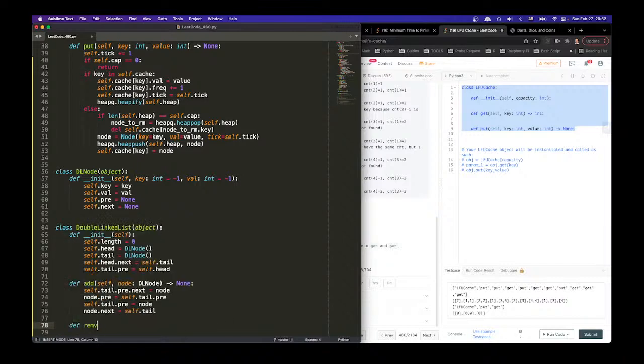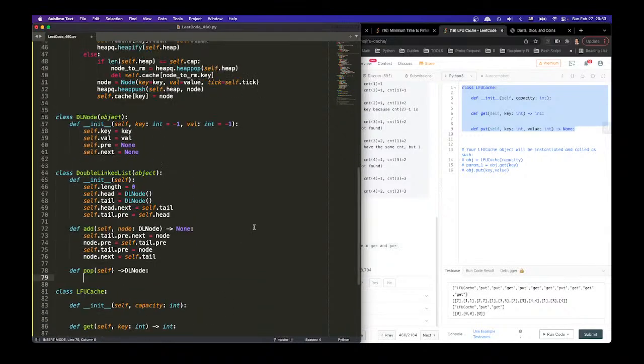Def remove. That's called pop. Always pop front. Yeah, I want to return the DL node, return a node. Okay.